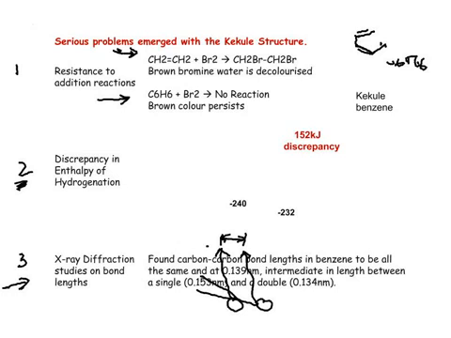Now, if Kekule had been right, a carbon-carbon single bond is longer than a carbon-carbon double bond, and they should have found 2 different carbon-carbon bond lengths. They didn't. They found only 1 carbon-carbon bond length, and in fact it was found to be intermediate in length between the carbon-carbon single and the carbon-carbon double, a bit like this, in other words. We could represent it as somewhere between a double and a single.